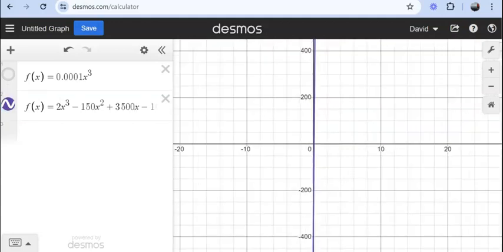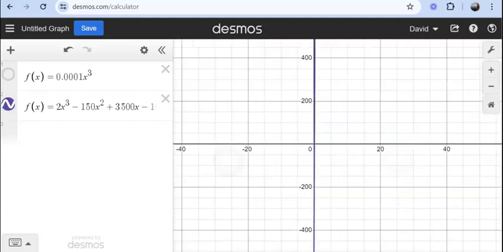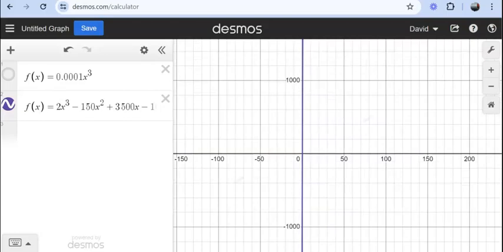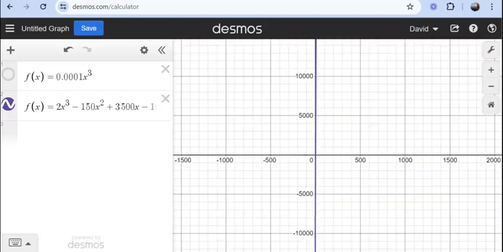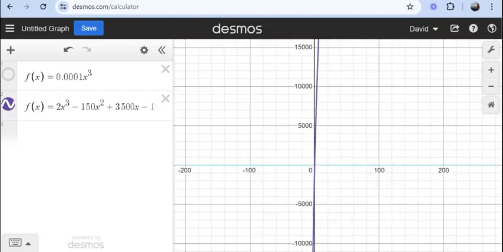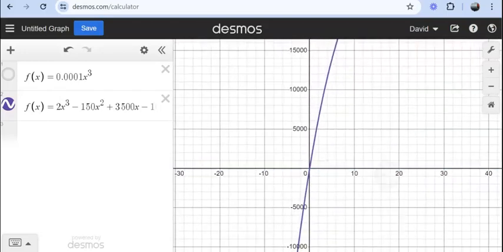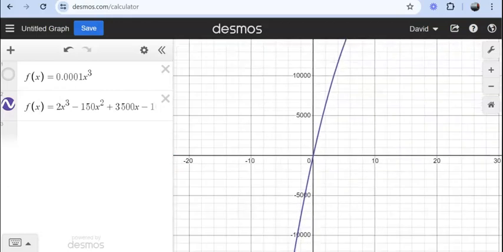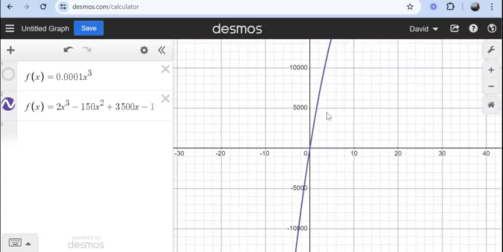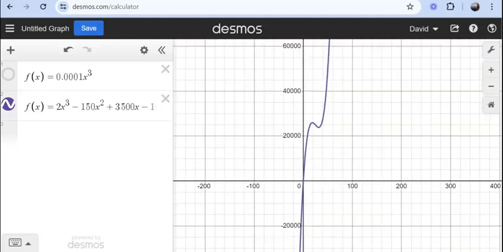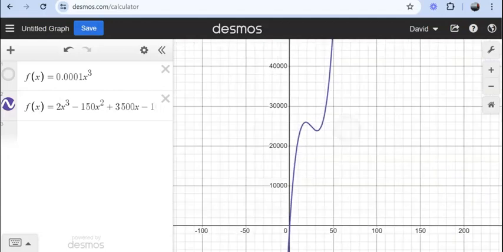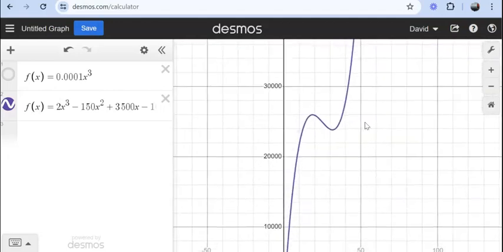Now, it seems like I'm really changing the behavior, but if I zoom out, oops, I zoomed out the wrong way. Oh, look at that. There we go. I'm seeing that same kind of cubic shape where I go up, I have this little wiggle, and then I keep going up again.